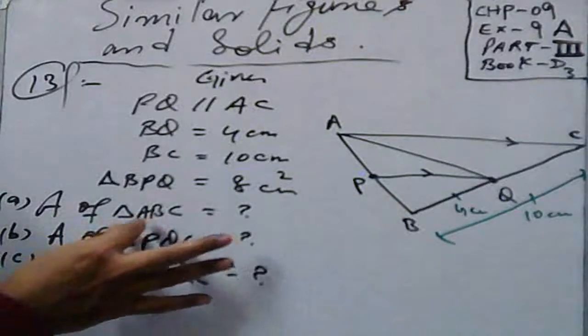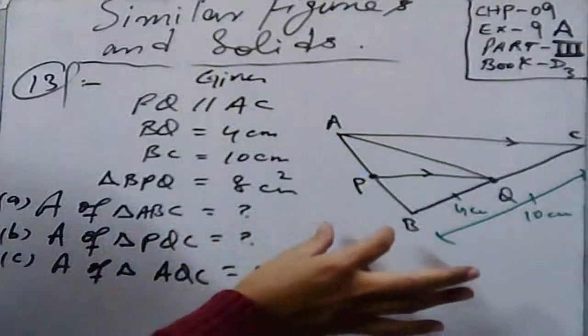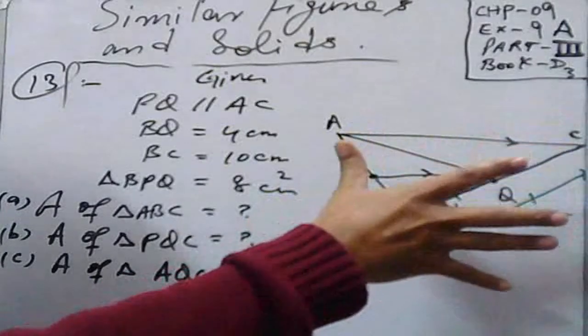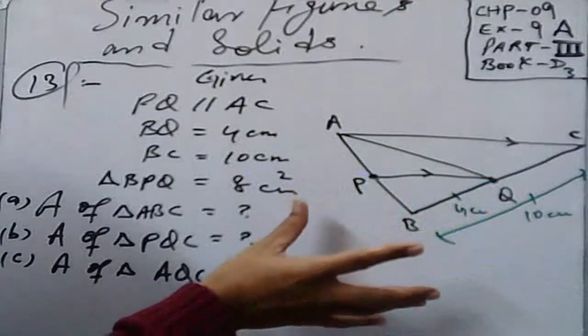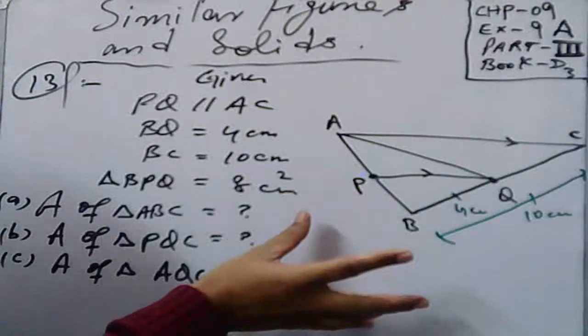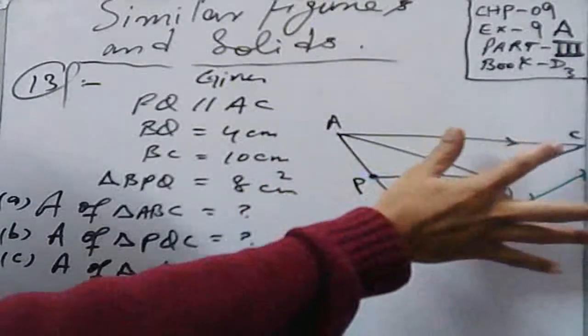Now what to do? First we have to find the area of triangle ABC, but it should be noted here. If we take ABC as the bigger triangle, the smaller triangle is AQC.